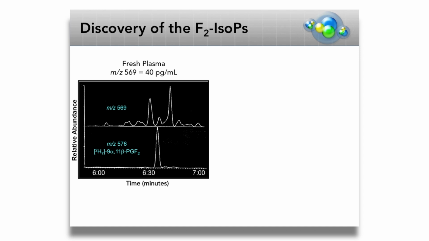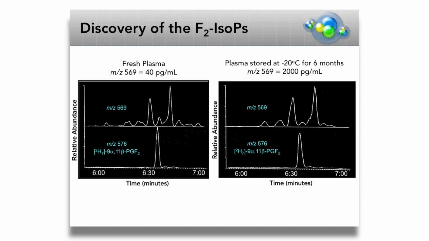They had a sample of fresh plasma, and they quantified PGD2 metabolites in this sample at levels of 40 picograms per mil, using a deuterated internal standard of 9-alpha 11-beta PGF2 alpha. They put that sample in the freezer and stored it at minus 20 degrees Celsius for 6 months.